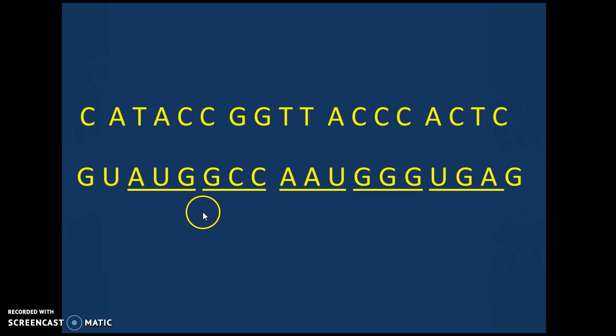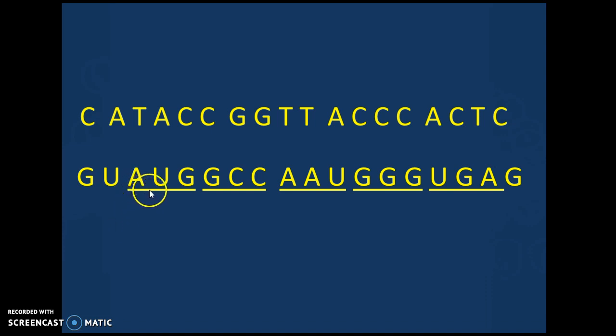And so the messenger RNA has a system in place so that the process of translation always begins in the correct location. And that system is to have what's called a start codon, which is always AUG, that indicates that this is the correct location to start reading this messenger RNA.